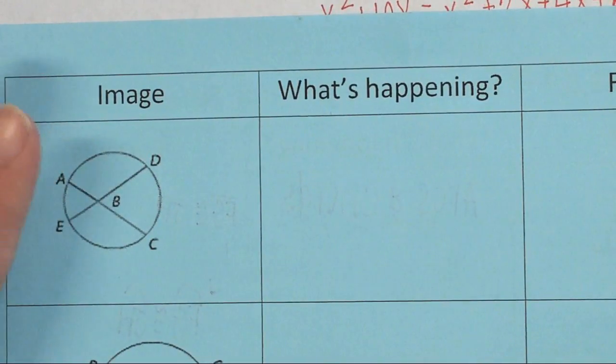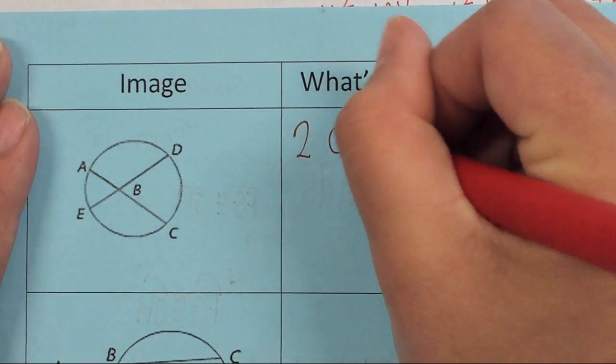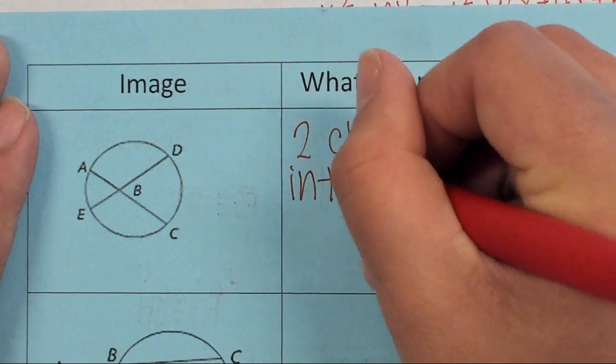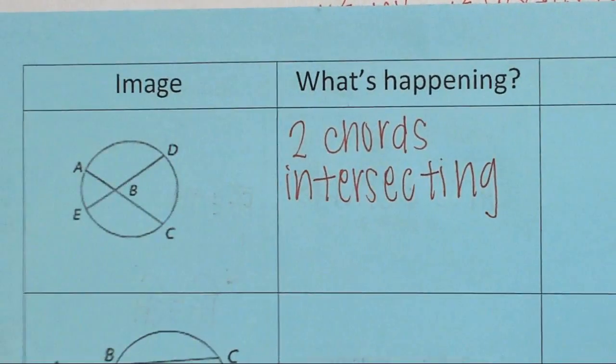Can we go ahead and write what's happening on our blue sheet? Yes. Okay, so what's happening is we have 2 chords intersecting in the circle. So you can just write 2 chords intersecting.